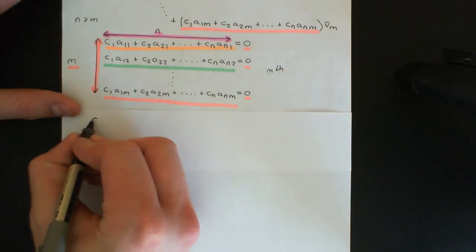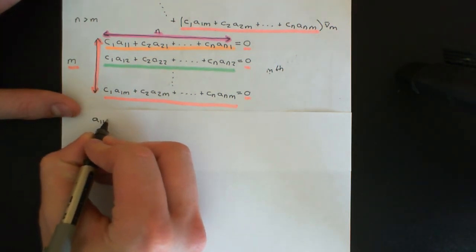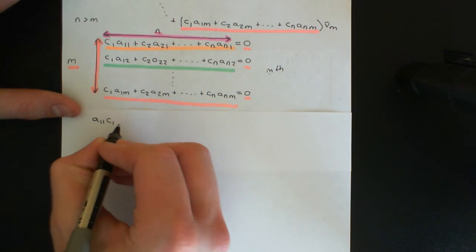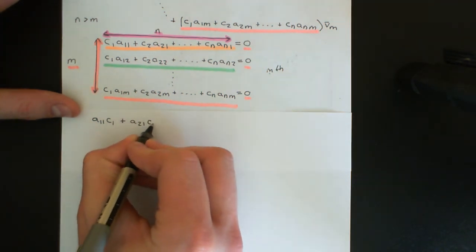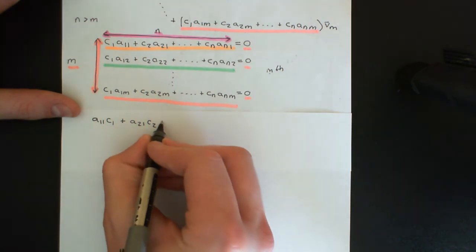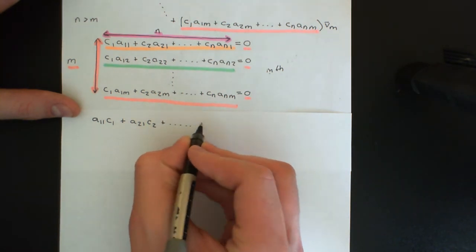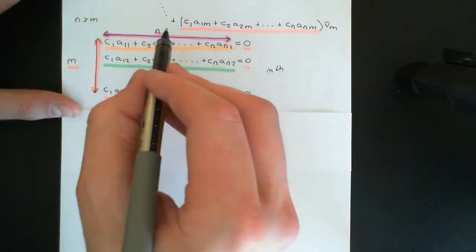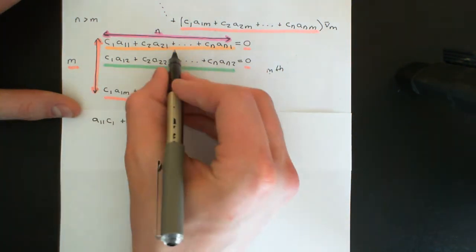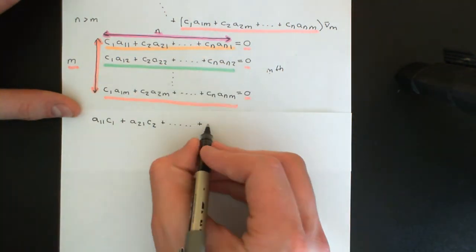So let's firstly do the orange equation. So I'm going to have a11 times c1, so here's my variable, plus a21, and remember the a's are constants, they're just elements of the field, times c2, plus on and on it goes. And now what I'm going to do is add in a term that I wasn't displaying before, but which was always there. It was just in this dot dot dot portion before.